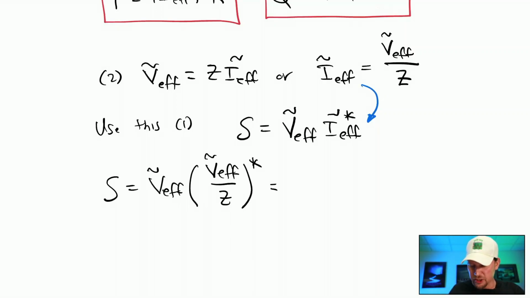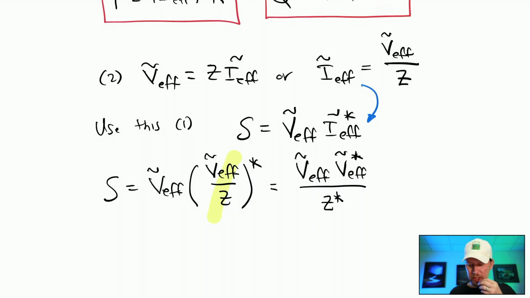Now, when I take the complex conjugate of this term, I can distribute it across the effective voltage and the impedance, in which case I get the effective voltage times the complex conjugate of the effective voltage, and be very careful: you'll have to take the complex conjugate of the impedance as well.